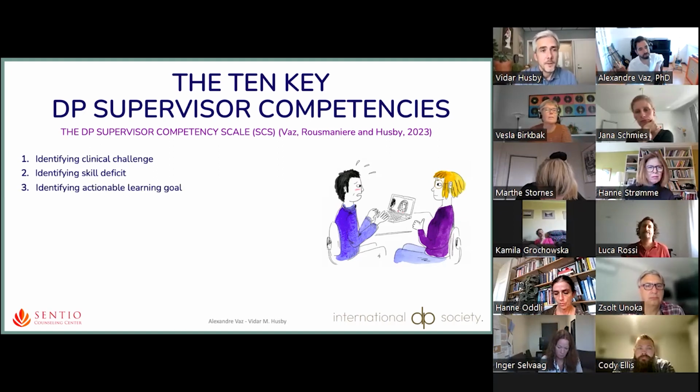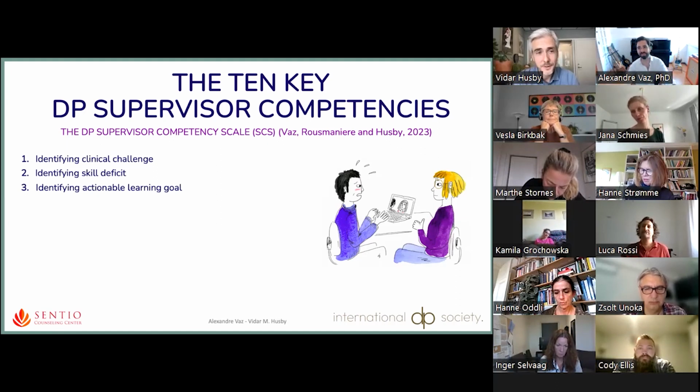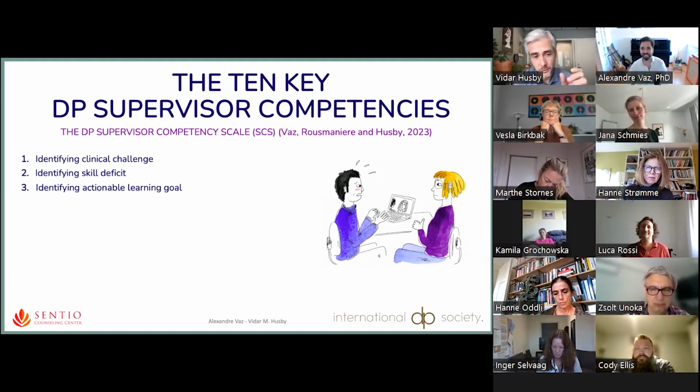And then identifying an actionable learning goal. When I started doing this, we had almost zero literature, and this competency scale that we developed for these 10 skills was kind of the curriculum, and I think that in this competency scale, the word actionable was very helpful for me as a DP supervisor.